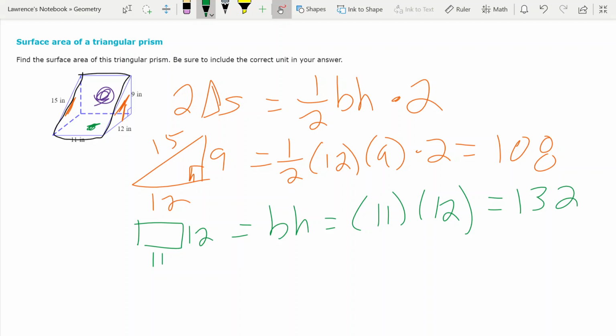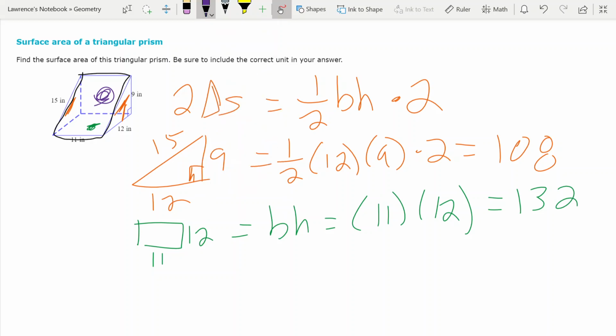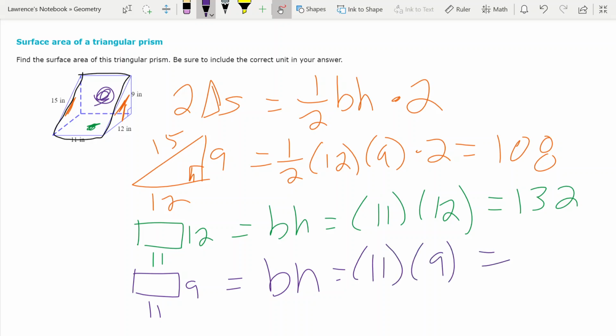And then I'll do the back piece. If I draw it to see what it looks like, it would be 11 with a height of 9. Still base times height, folks. So 11 times 9 is about 99.